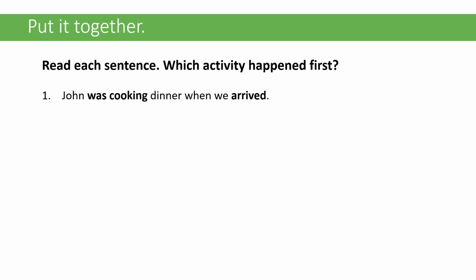But when we're asked which activity happened first, when we see a sentence where we have one in the progressive and one in the simple past, the progressive always happened first because it had to start before the second action. So was cooking happened first.